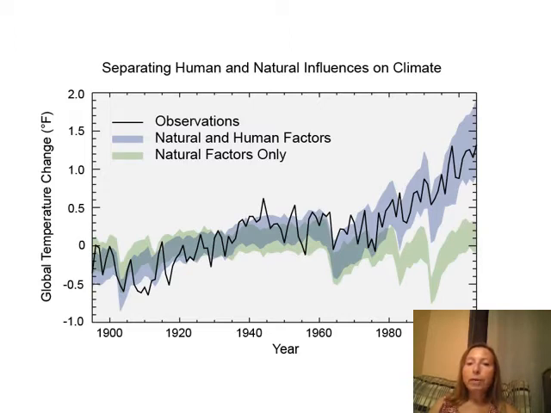So if we could subtract the human impact on climate and think only about climate changes that can be explained by Milankovitch cycles, by volcanic eruptions, by changes in solar activity, this is what we would see in the 20th century and the 21st century.